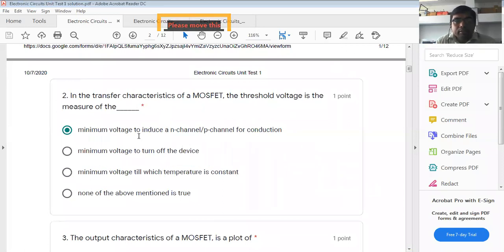The threshold voltage is the minimum voltage to induce the channel for conduction.